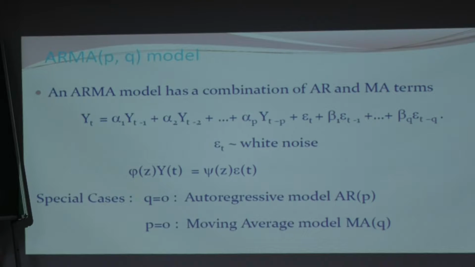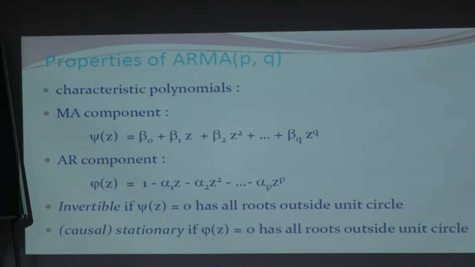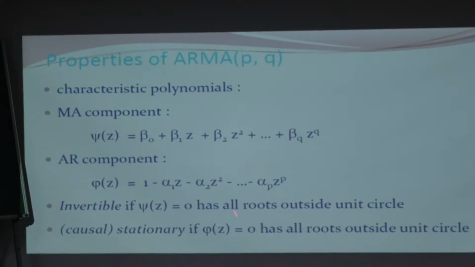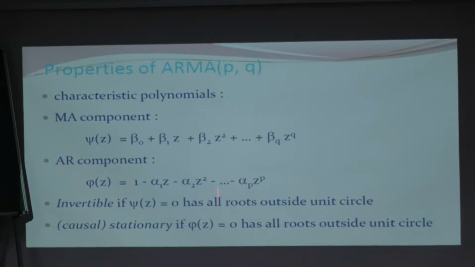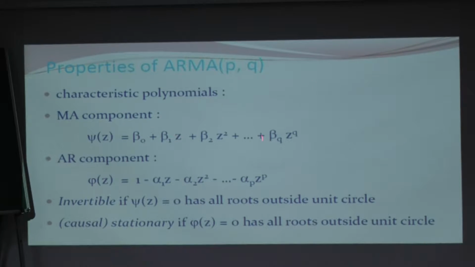Okay? Now, this is obviously the same thing. This is the MA component, this is the AR component, and together you can look at invertibility and stationarity. As I said, the MA part is always stationary. This part would be stationary if the roots are outside the unit circle, etc. Okay?